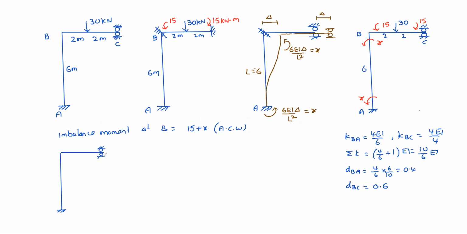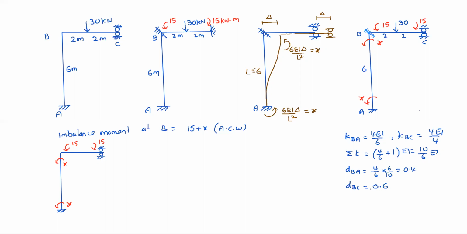That means we are releasing the fixity. Still the fixity at B is there. Now we are releasing that. So we'll see how to release that. This 15 and 15 like this, and X and X are like this. Now the imbalance is 15 plus X. So BA will get 0.4 times of imbalance.